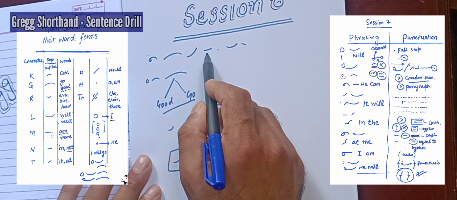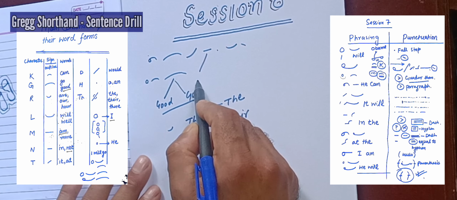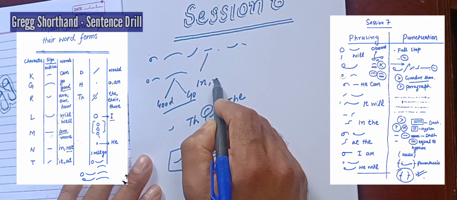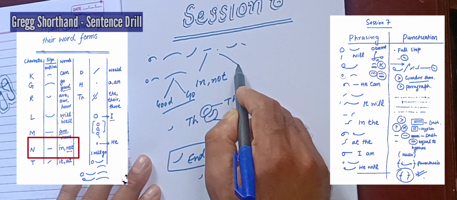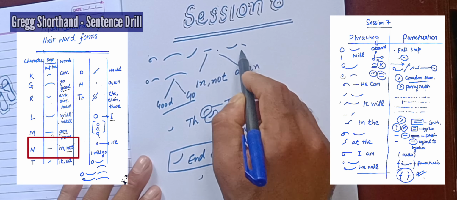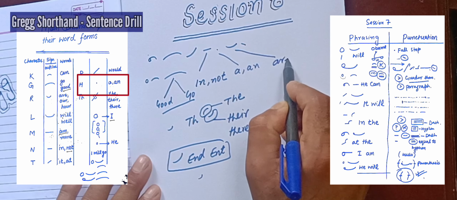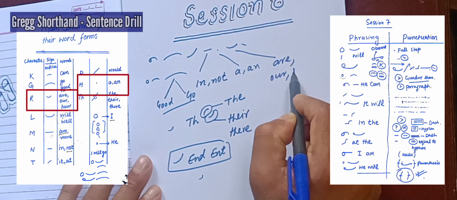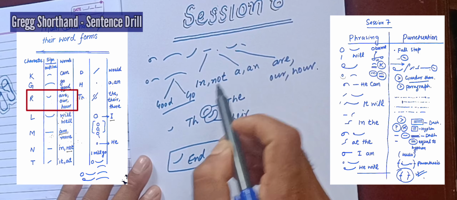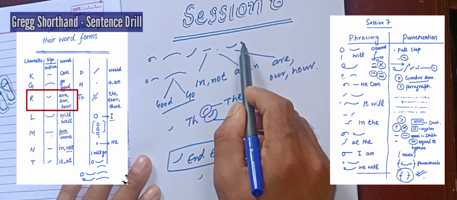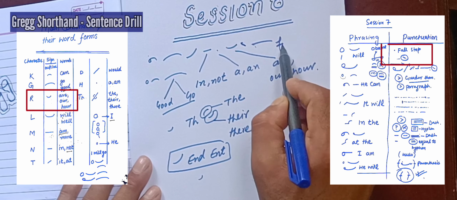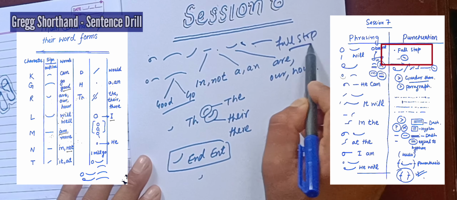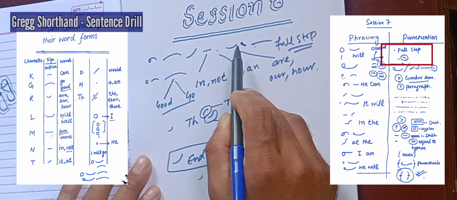We have this can either be in, this can be in, this can be not. Then we have a or an, and then we have are, our. Then we have this period. This is full stop, a punctuation mark. Okay, you remember this?